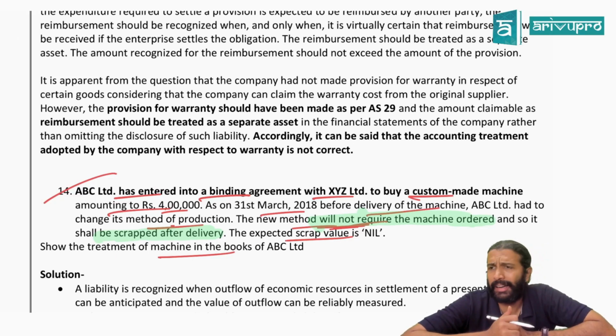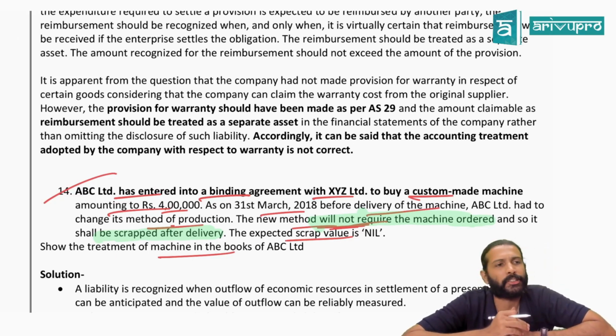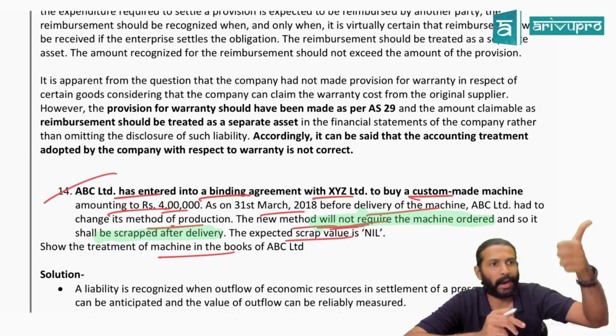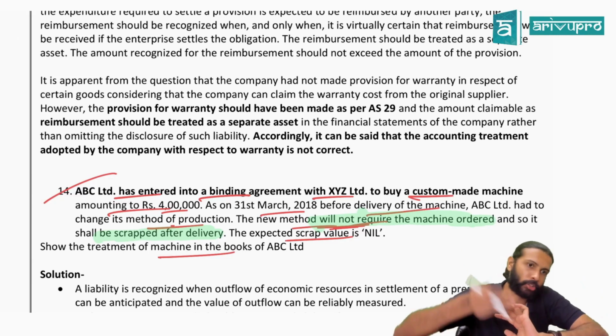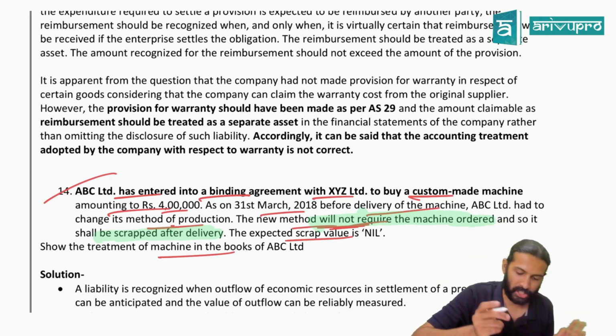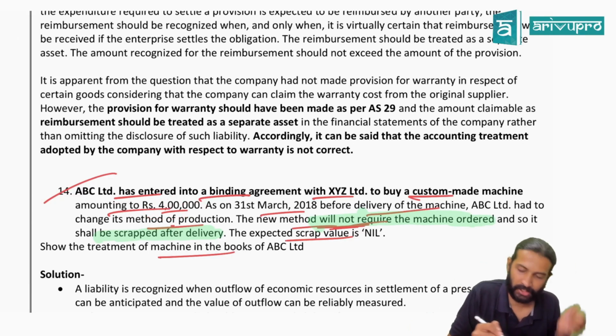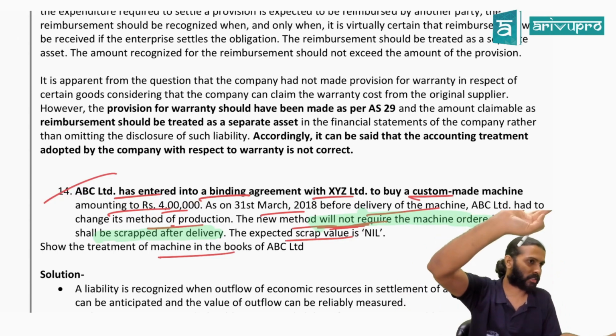Sir, you remember intangible assets we already did. What is the recognition criteria for intangible assets, sir? FEB and cost measurement. For your PPE, tangible asset also same recognition criteria. What are the two recognition criteria? FEB and cost measurement. You purchased a machinery, which is a tangible asset. You thought that you'll get benefit and you bought that asset. But now what happened?